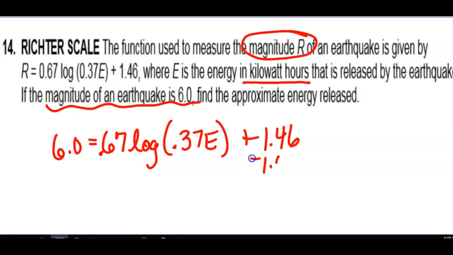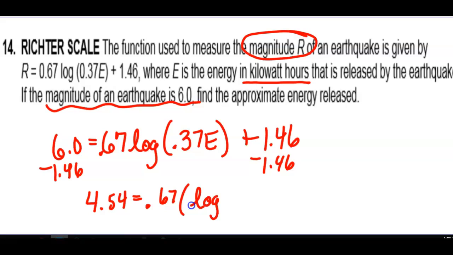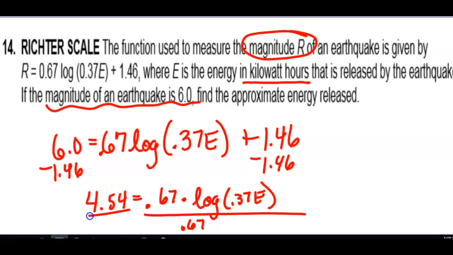So we're going to subtract 6 minus 1.46. Then I'm going to divide both sides by 0.67 to finish isolating that log.